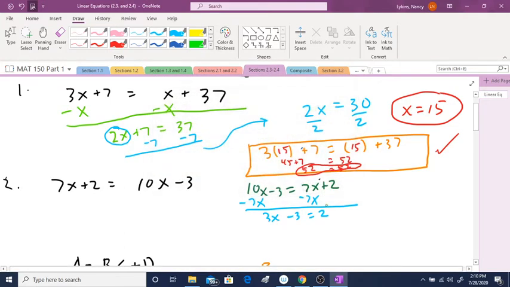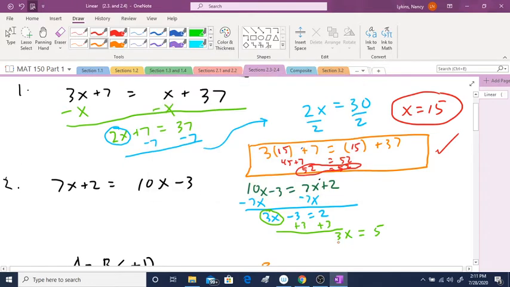Also, the reason you don't need a plus 2 is because 2 is assumed to be positive, so I didn't need a sign there. Now I need to solve for this 3x right here, so I need to add 3 to both sides, and you get 3x equals 5.